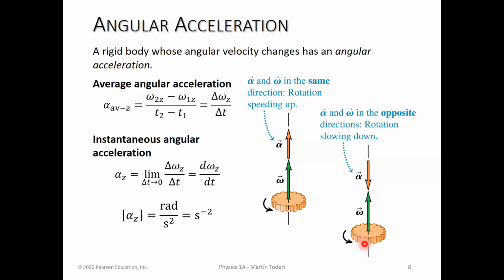So this thing will rotate like this, and it will slow down until it stops, and then it will start rotating the other way, right? So there is a change in the direction of the rotation due to the application of that acceleration. Even though the direction of the acceleration hasn't changed at all, it's just surpassing that positive direction that omega has, and turning it into a negative component for the omega.